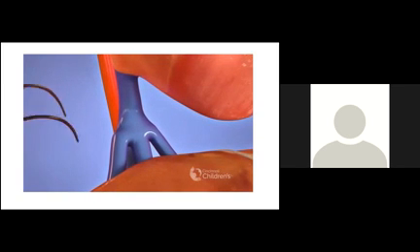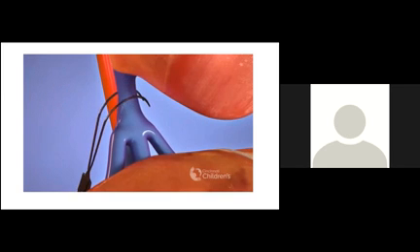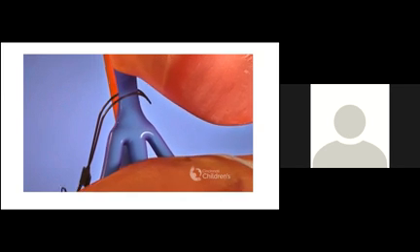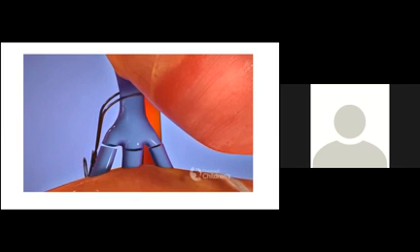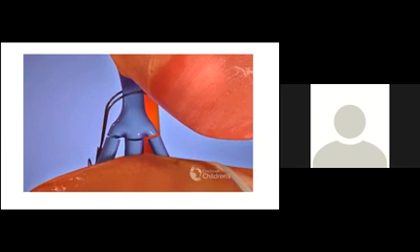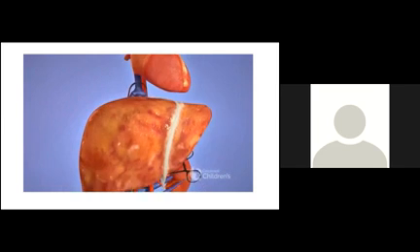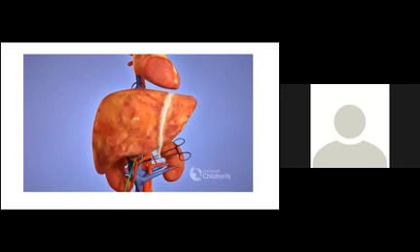Another clamp is applied to the IVC above the liver. The hepatic veins are divided. And the diseased liver is removed.